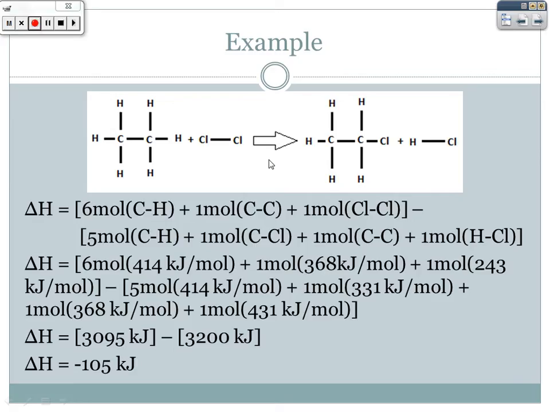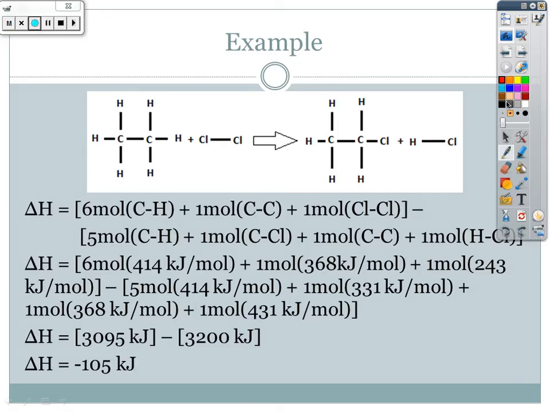Now, there's a way to actually simplify this, and some of you might just see this right off the bat, but there's only 2 bonds that are actually being broken right here. This carbon-hydrogen bond is broken, and this chlorine-chlorine bond is broken. And then we only make 2 bonds. We make a carbon-chlorine bond and a hydrogen-chlorine bond.